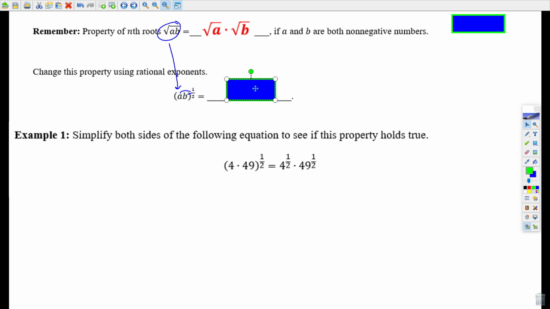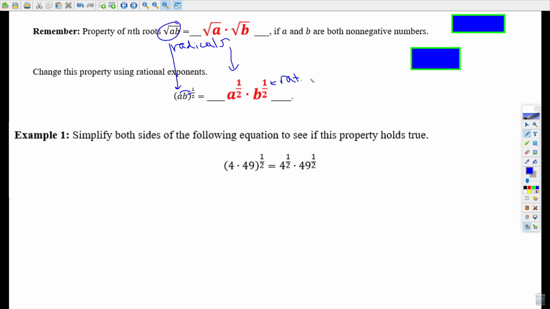So you could write it as a to the 1/2 times b to the 1/2, which also is the same thing as up here. Right, these are all the same thing, it's just written differently. Here's the radical version, these are radicals. Specifically, these are square roots. And here you have rational exponents.